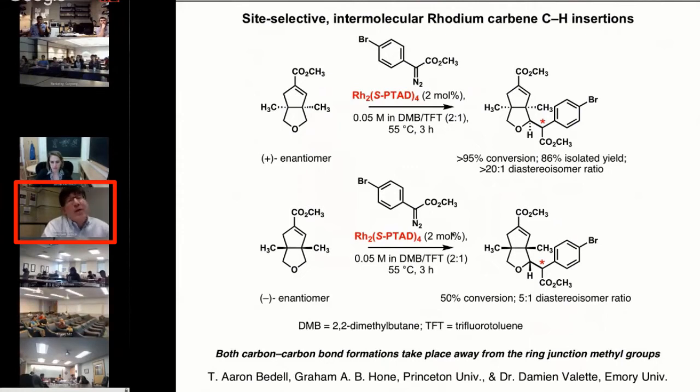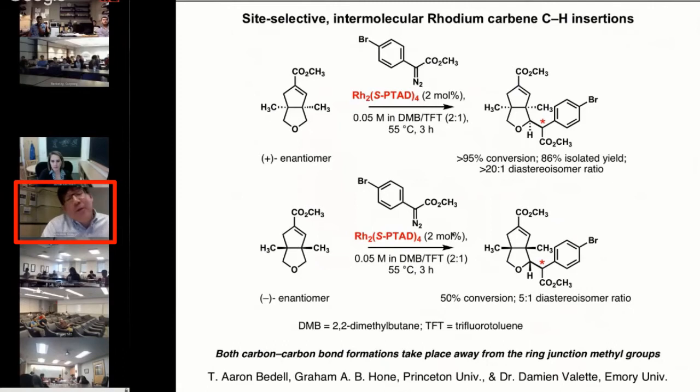Now, the plus enantiomer does this chemistry very well with the S enantiomer of the catalyst. It reacts rather efficiently, gives the product that you see in the upper right in very good yield, also with a high level of diastereoselectivity.